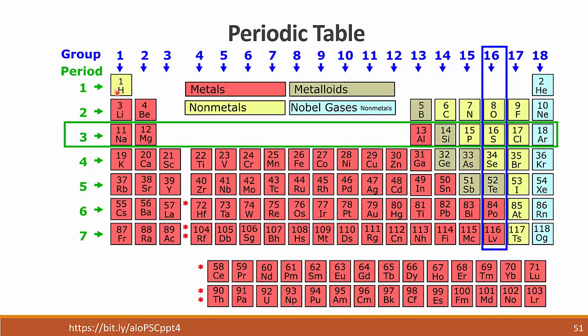Now, hydrogen here is a slight exception, and that's again because the first period includes a shell that has a capacity of only 2 electrons. So hydrogen sometimes has properties like group 1 elements, sometimes it's going to have properties like group 17 elements.